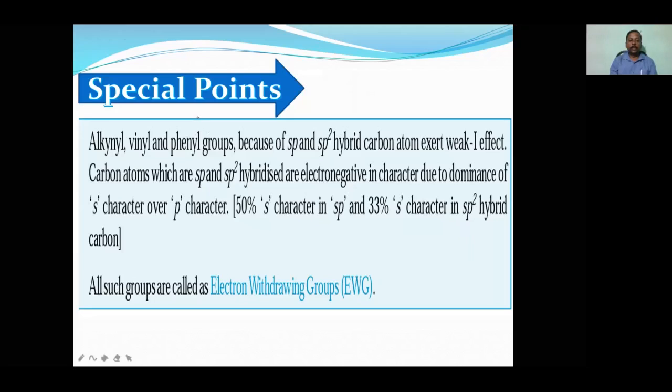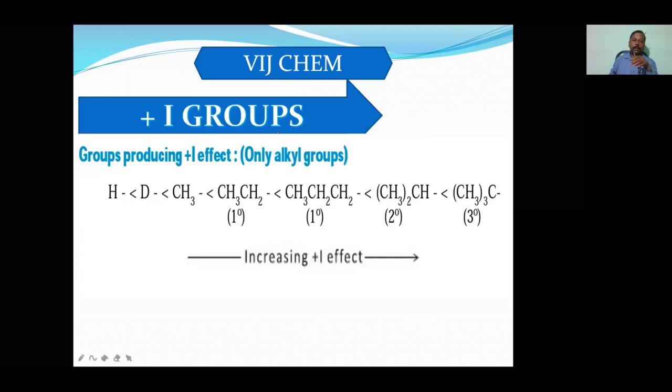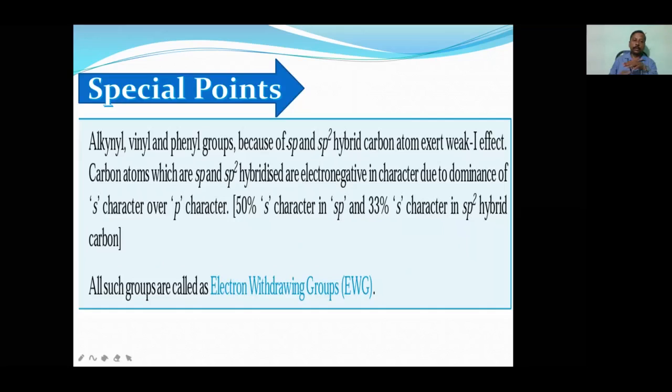Alkynyl, vinyl or phenyl groups, because of sp. Just now I told you, in forthcoming slides I will tell you, even though carbon is attached to another carbon, it may show the inductive effect. That is just because of the difference in hybridization. If it is triple bonded, sp hybridized, once hybridization changes, then electronegativity also changes, and electron transfer takes place.